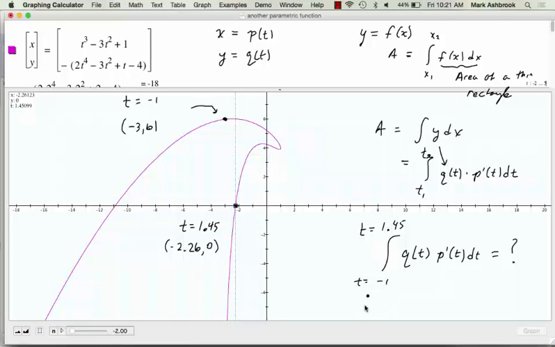So what would it represent if we did this integral, starting from t equals -1 to t equals 1.45? What area or areas would it represent?